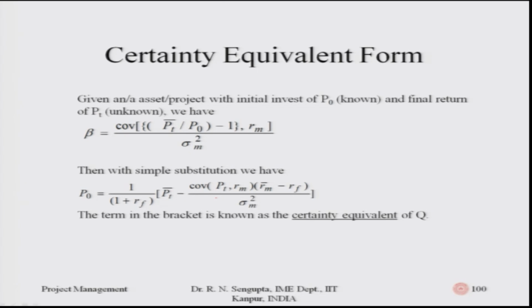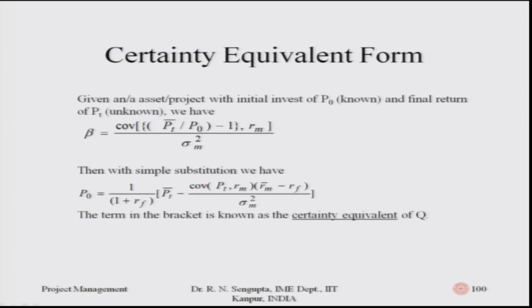And again, if you look carefully at the numerator and the denominator, the denominator remains the market risk, while the numerator is now the covariance which exists between the difference of the market and RF, this second term, and the price values. Market risk means I am using the return of the market and the price corresponding to the project, and based on that I find the covariance.